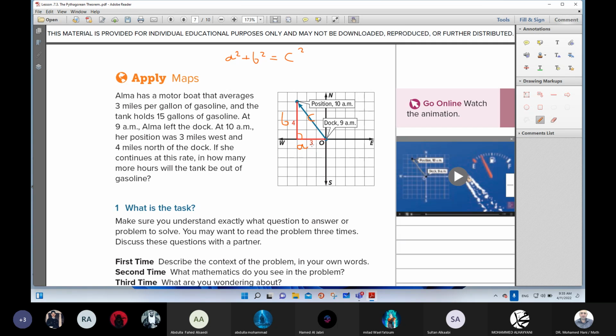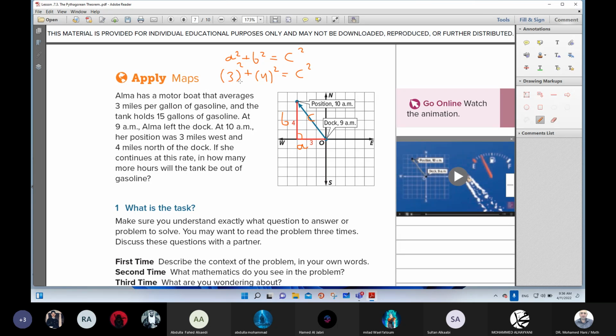The value of A will be 3. So 3 squared plus the value of B will be 4 equals C squared, the missing value.